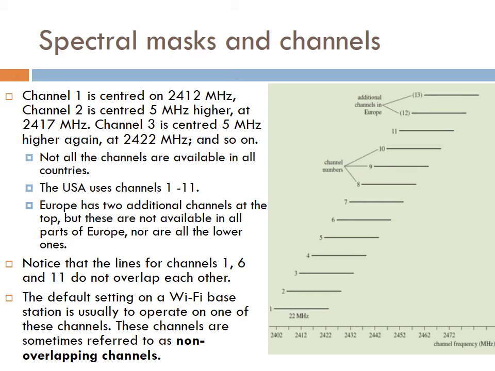Please note that not all the channels are available in all countries. The USA uses channels 1 to 11. Europe has 2 additional channels at the top, but these are not available in all parts of Europe, nor are all the lower ones. Note that channels 1, 6 and 11 do not overlap each other.